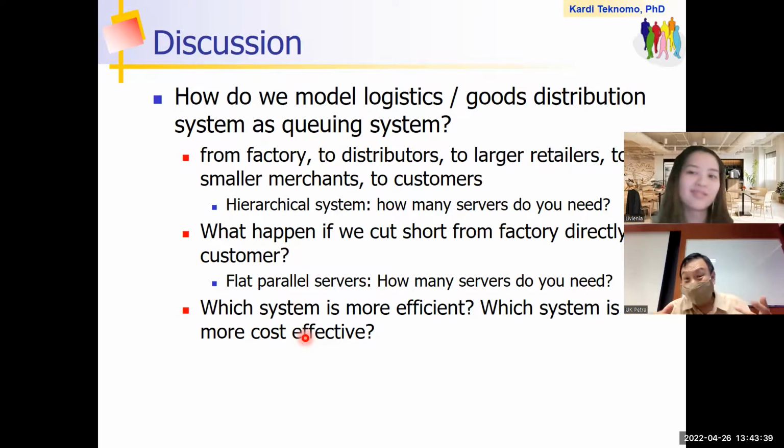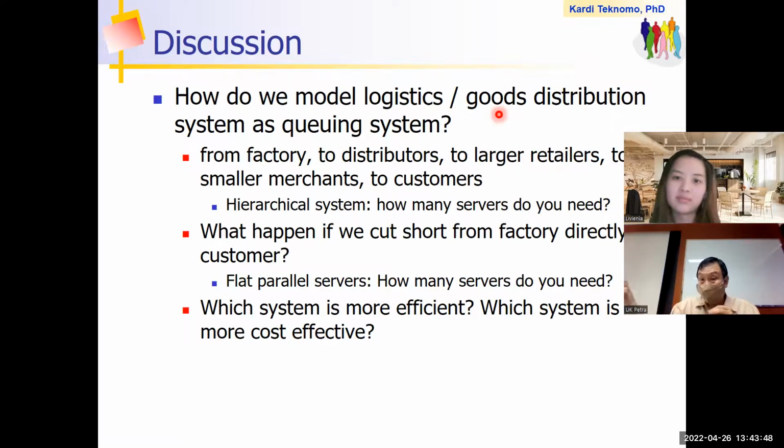What is this? This is a hierarchical system, isn't it? Exactly the same as the logistic model. Instead of one server serving all with a long queue like that, you start to distribute, say from the factory to distributor, and then distributor goes to retailer.